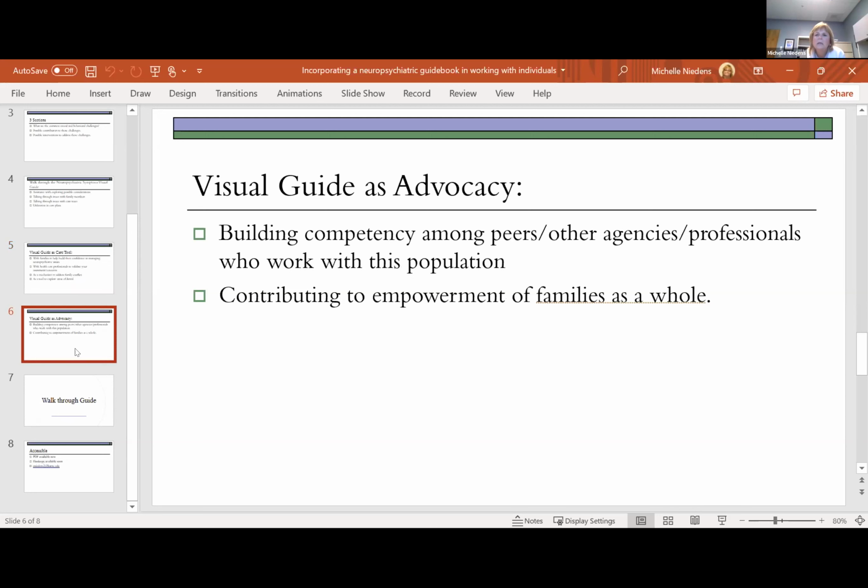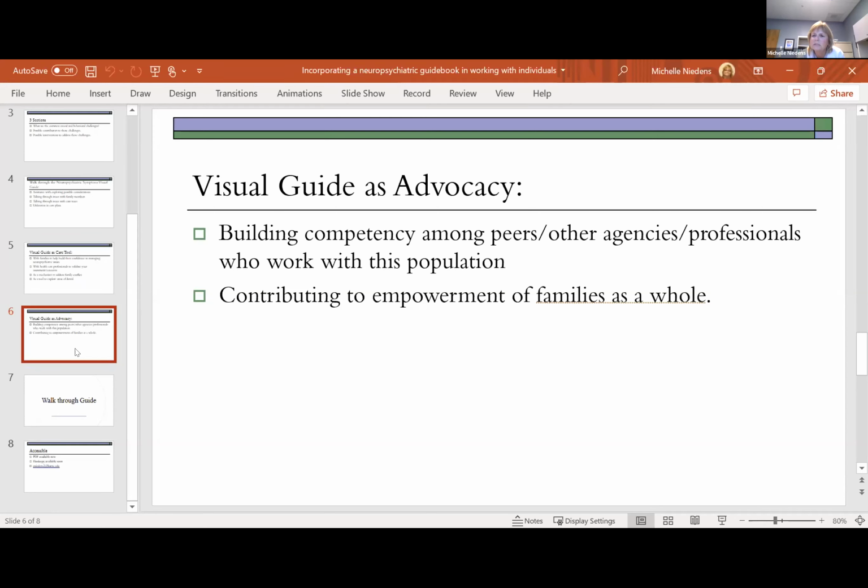I also think that it is an advocacy measure, that the more we, collectively, I'm not just talking about the visual guide, I'm talking about tools in general, the more we have access to educational opportunities and tools, the more we're building competency among our peers. And again, that means everyone. That's not just healthcare providers, that's aging providers, that's faith communities, that's everyone.